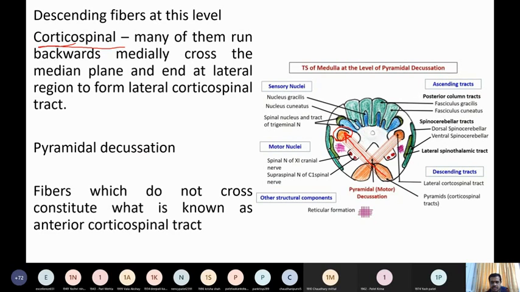This process of crossing over of fibers from right to left constitutes what is known as pyramidal decussation, which produces a surface elevation in the lower part of the medulla. Clear? Pyramidal decussation. Clear?